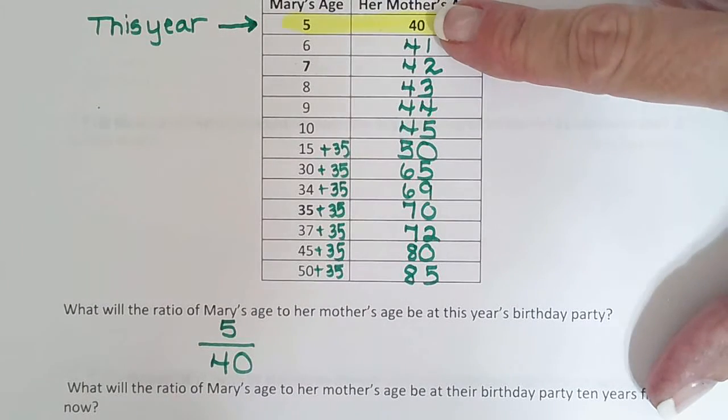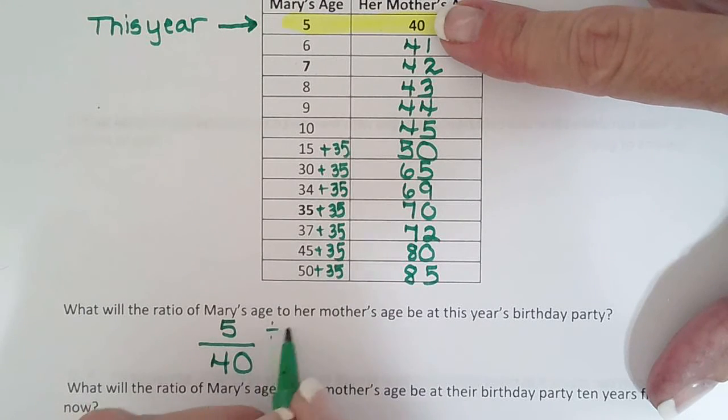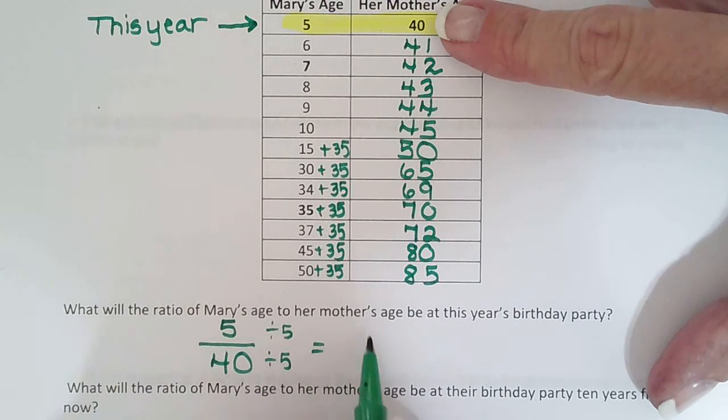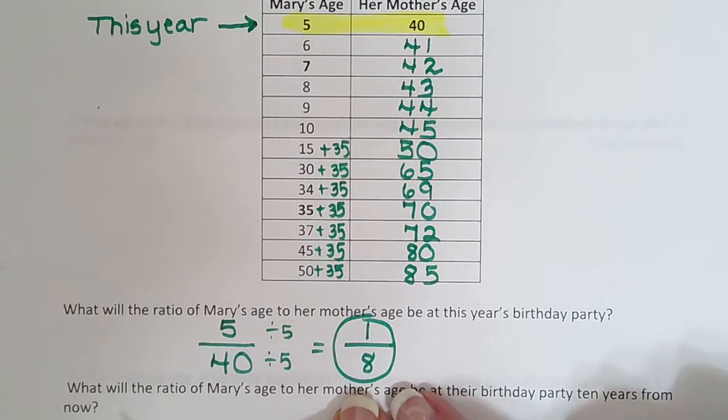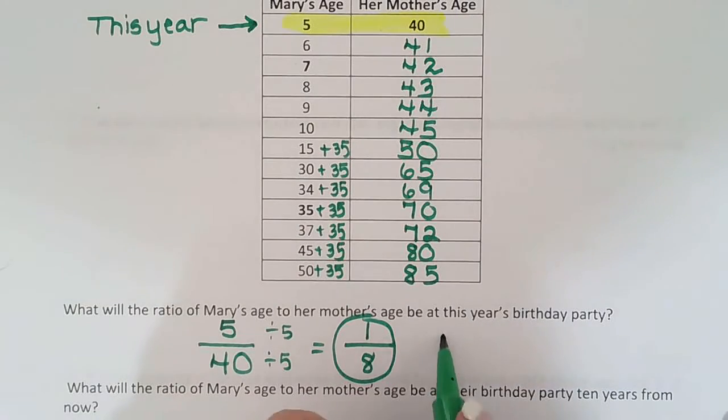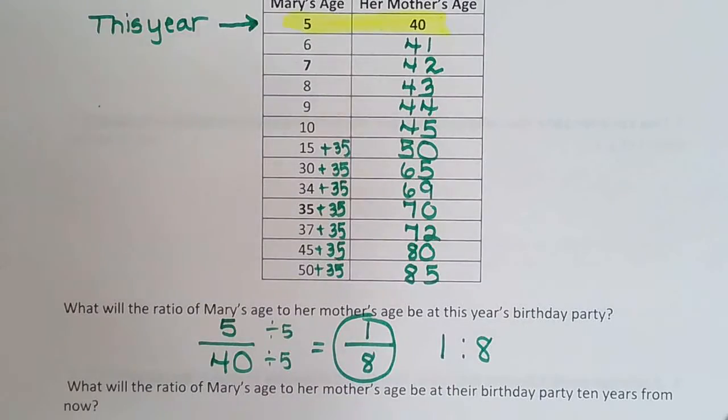But just like any other fraction, it does have to be simplified. Because they end in 5 and 0, we can divide both by 5. So 1 over 8. So this particular year, the ratio of Mary's age to her mother's age is 1 to 8. Or we could write the word to. That's the least common one.